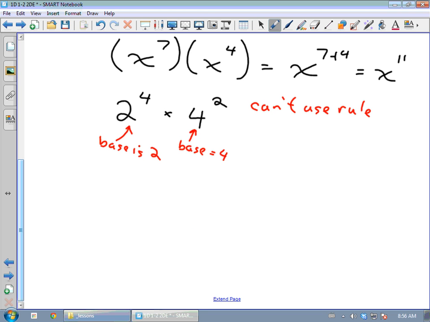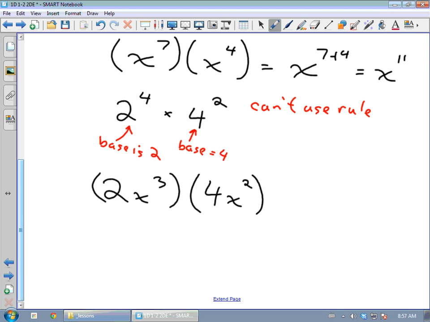Okay. So let's try something a little bit trickier here. What if we have something like 2 times x cubed and 4x squared? Now we've got powers of x with coefficients out in front. We call that number out in front the coefficient. How can we think about these ones?